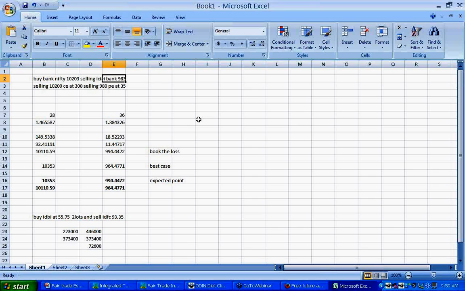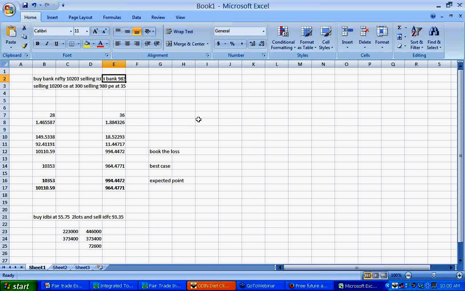We are expecting Bank Nifty to go to 10,353 and simultaneously ICICI Bank would have gone to 994. Or the second case expectation is Bank Nifty may fall down to 10,110 and simultaneously ICICI Bank should fall to 964.